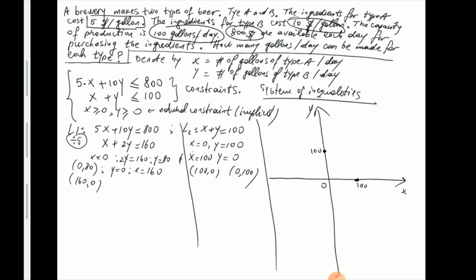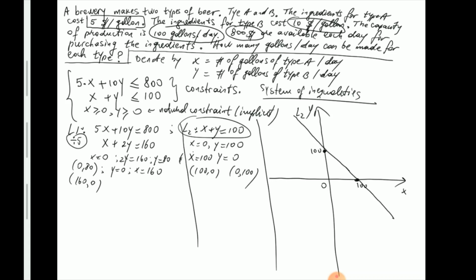So for example, if it's less, make it to the left of 100. This is extremely important so that you can get an accurate picture of how the region looks when you sketch these lines. So let's draw line number 2, the way I actually labeled it. So this is L2, the x plus y equals 100.